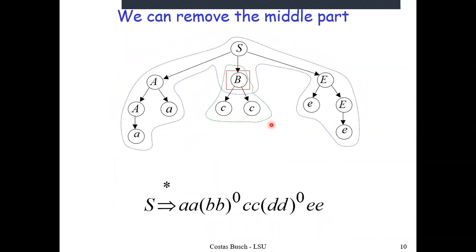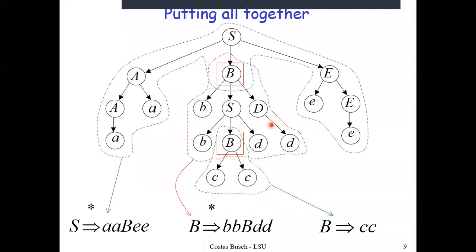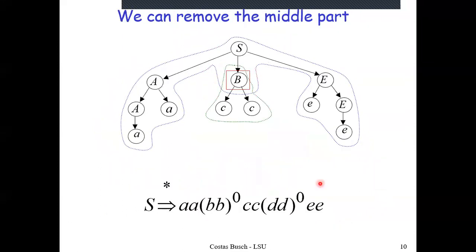And it's a legitimate derivation tree of some string, because look at the structure that I have with me. B is producing b square b d square, but at the same time B is also producing c square. So instead of using B producing the other thing, I am using the fact that B is producing c square over here.